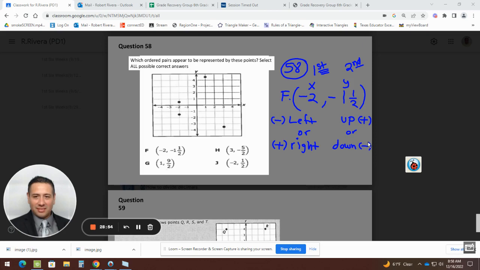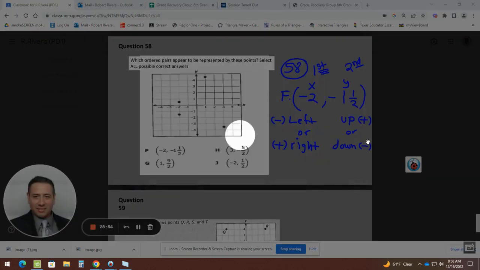I'm going to show you with the little flashlight, the spotlight, so you can see. You always start at 0. According to this, the x wants me to move 2, and since it's negative, I'm going to go to the left: -1, -2.